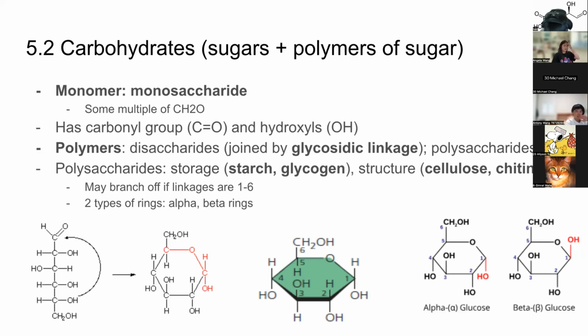Carbohydrates have the carbonyl group, which is a C double bonded to O, and also a hydroxyl group, which is OH. Two monosaccharides bound together are called a disaccharide, and more than two is called a polysaccharide.